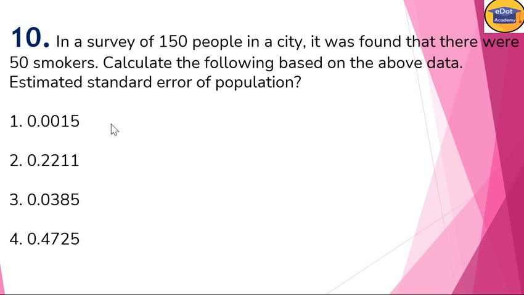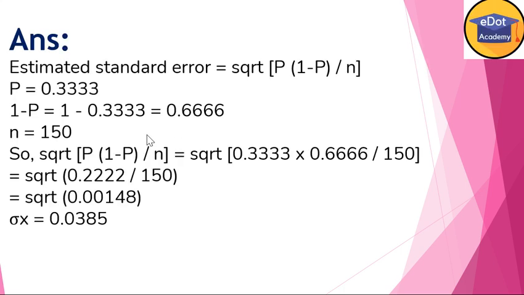Same data. In a survey of 150 people, 50 are smokers. So the estimated standard error of population. You have to remember the formula of standard error, because this question comes many times. The standard error is always a square root of p(1 minus p) divided by n.